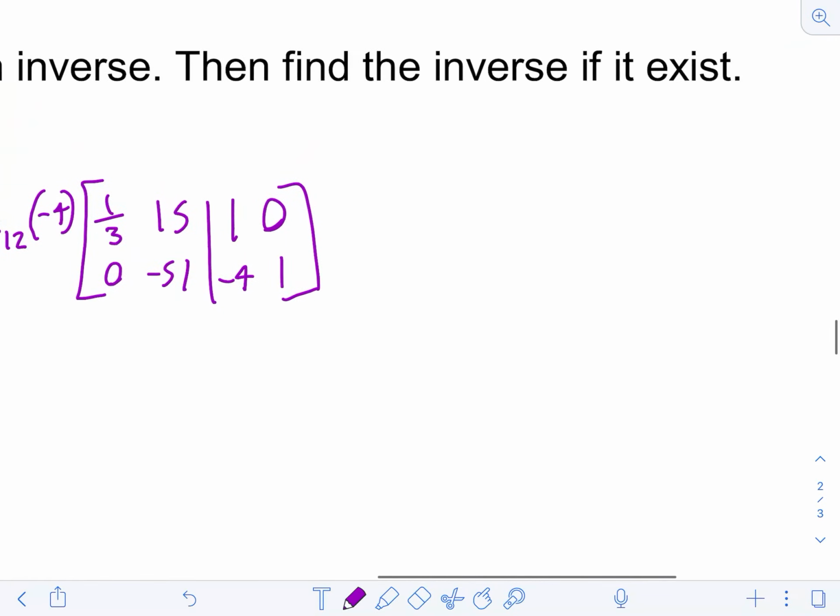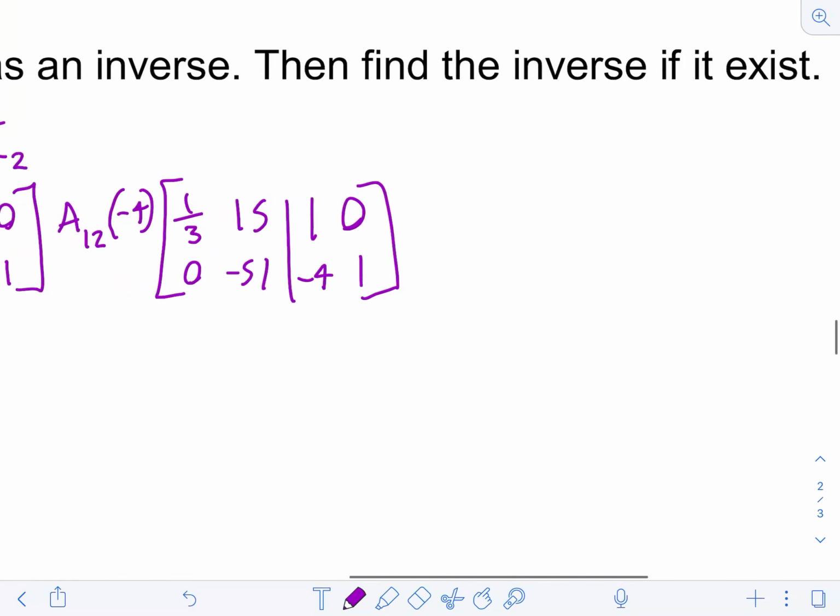Now if I look at this, I just have to do a few more things. First I'm going to multiply row 1 by 3. That'll turn the 1/3 into 1. And I'm also going to multiply row 2 by -1 over 51. That'll get rid of the -51, turn it into a +1.